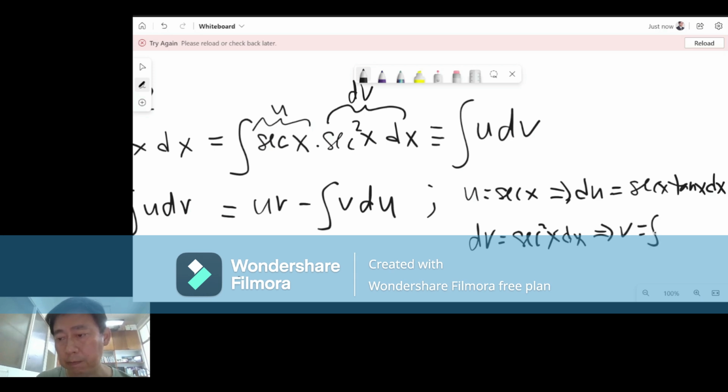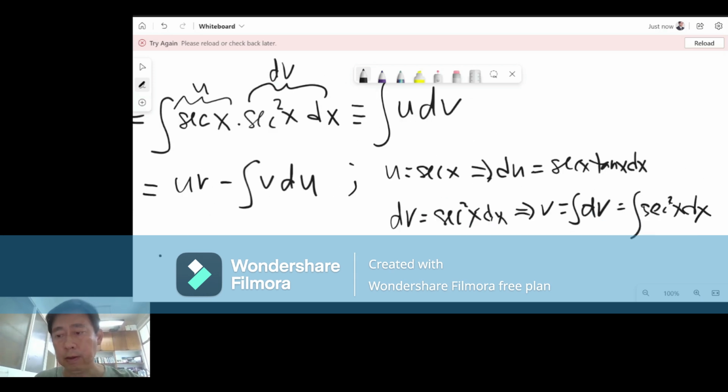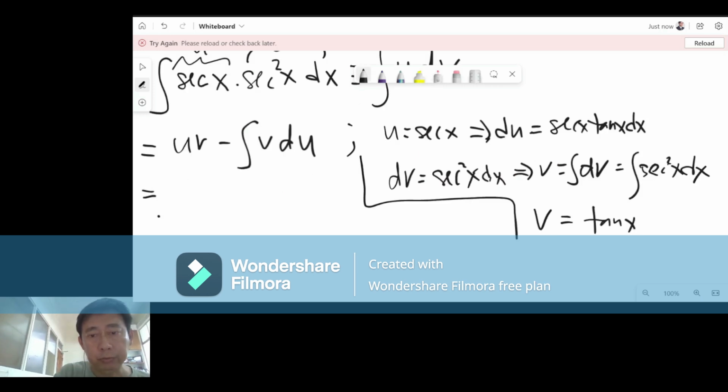v is obtained by integrating dv, which is the integration of secant square x, and that will just leave you tangent x. The integration of secant square x is tangent x. So now we have the expressions of v and du. Then write down u, which is secant x, v as tangent x.